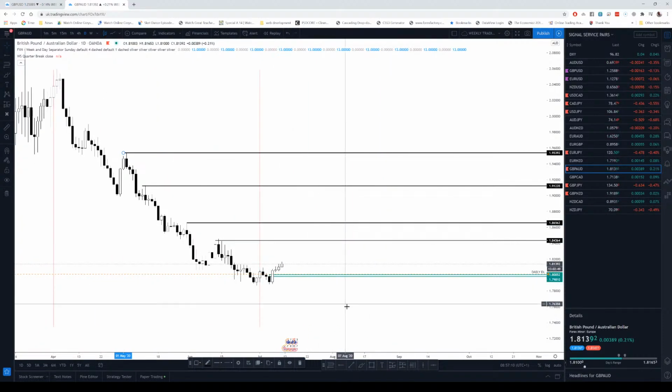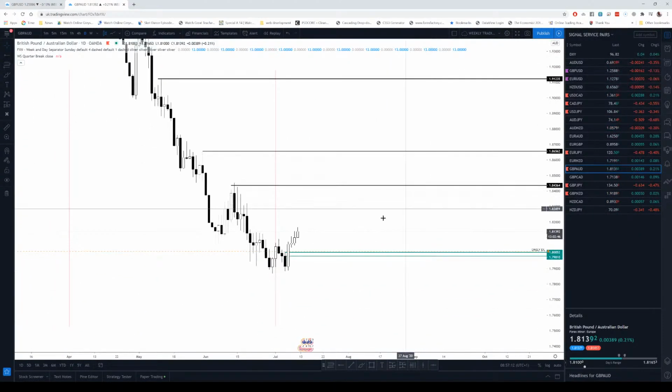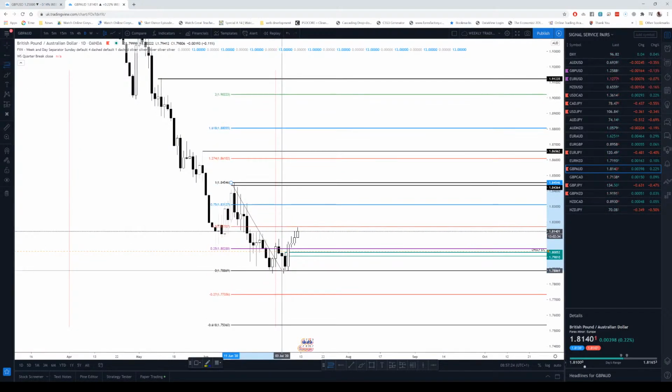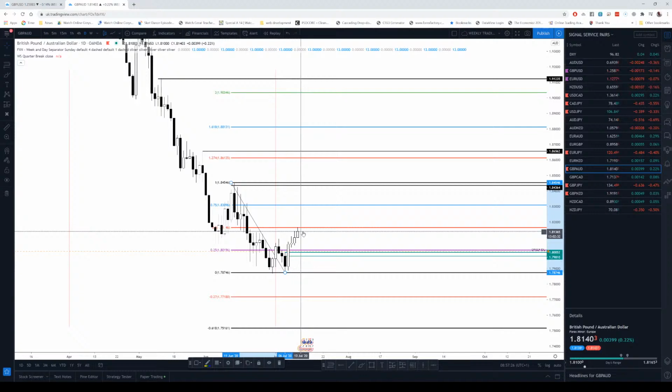Yeah, I think they'll come back down and pick up my level that I've got there. Where we are now is likely between this range, this high and that low. Yeah, 50% is likely, they will come back for retracement.